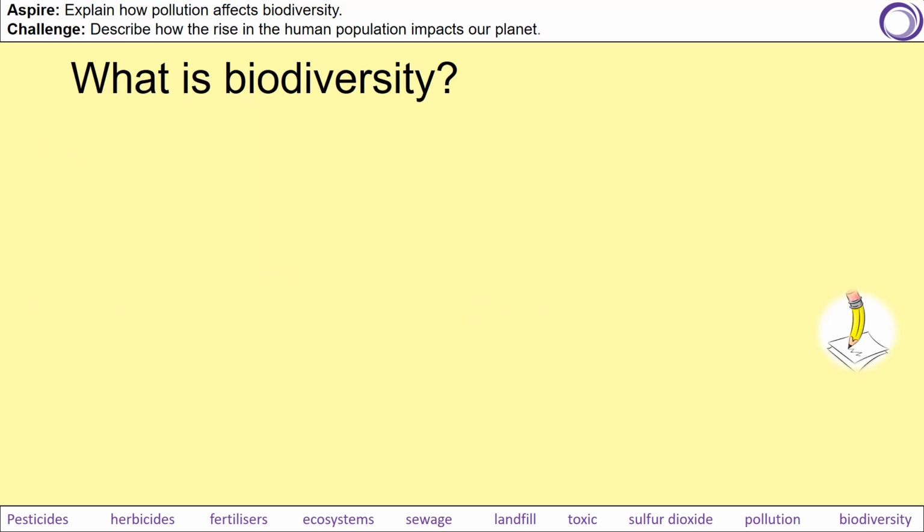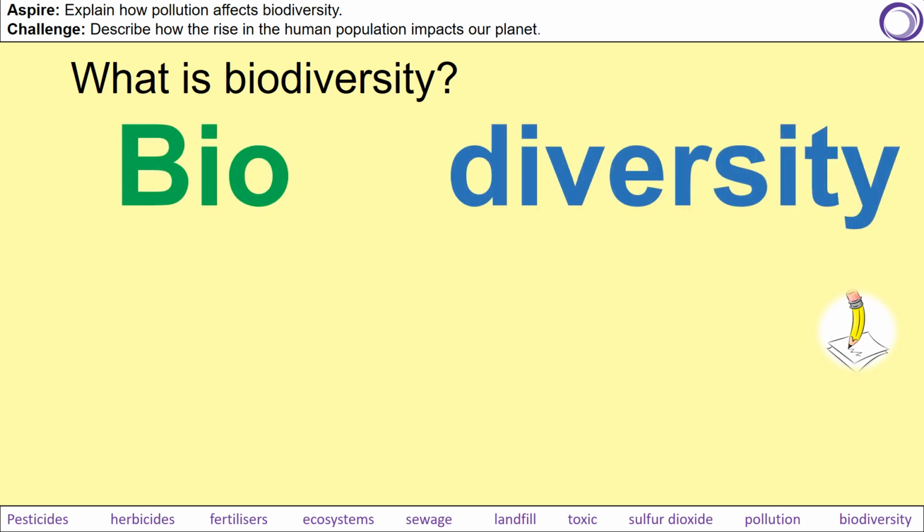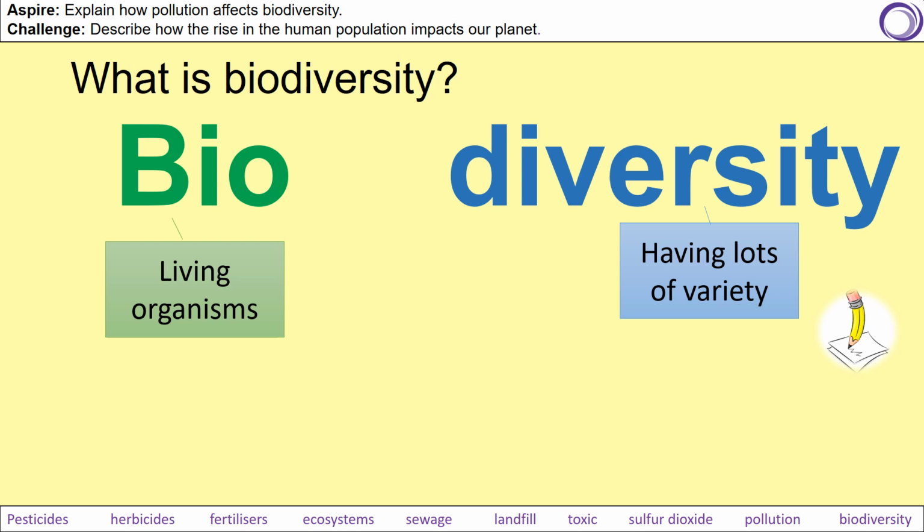So what is biodiversity? Well, if we take this word and split it up into two, we can see that it's made up of the word bio and diversity. Bio you'll have heard of in words like biology or biological, and bio simply means to do with living organisms. Diversity means to do with differences or having lots of variety.